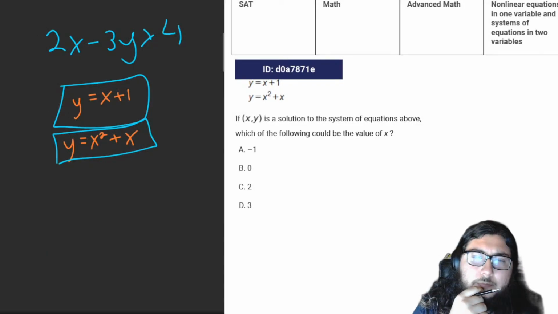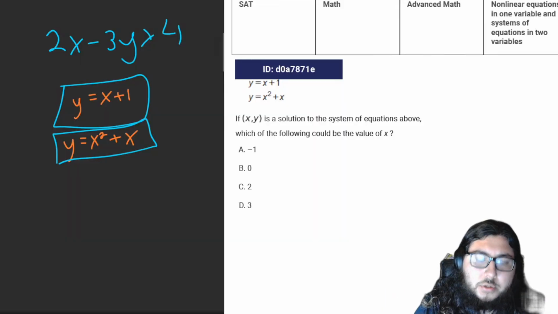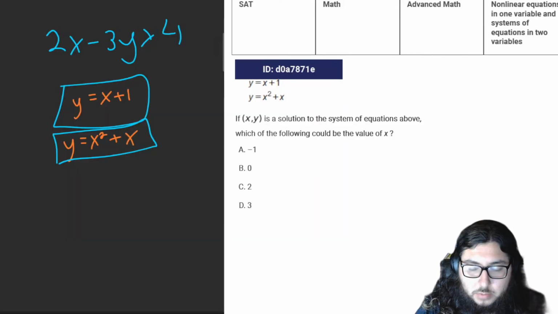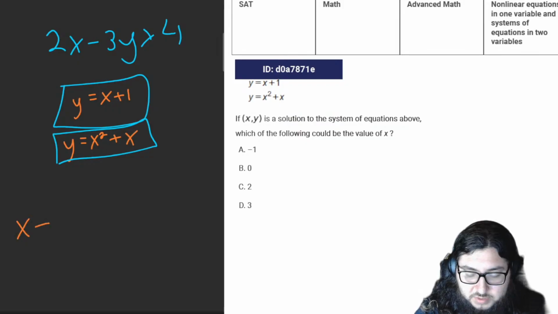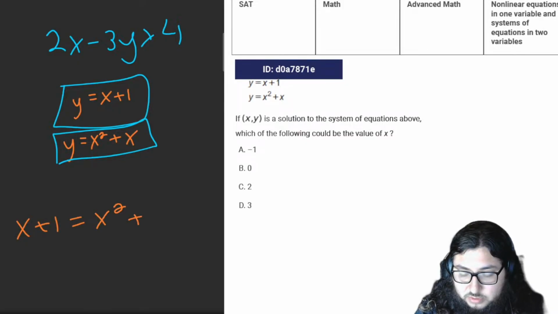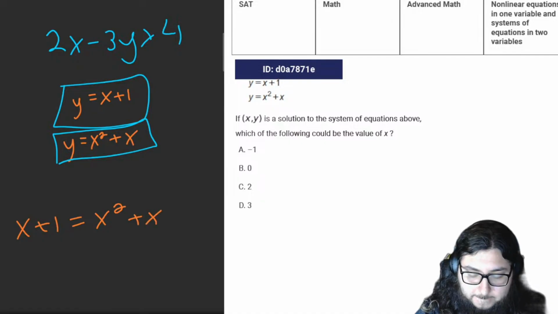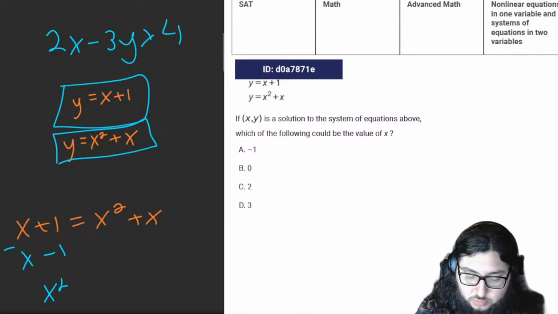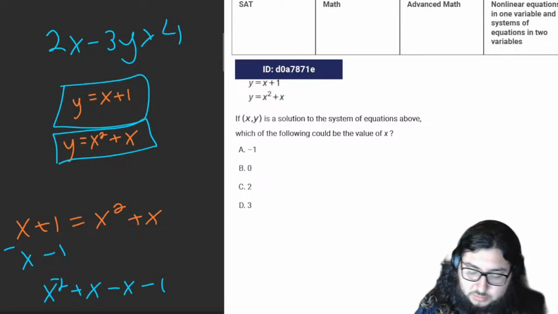This is interesting. You know what we could do? The correct way to solve this is actually not by dividing on both sides. It's setting them equal to each other and then subtracting x and subtracting 1 from both sides. x squared plus x minus 1 is equal to 0.